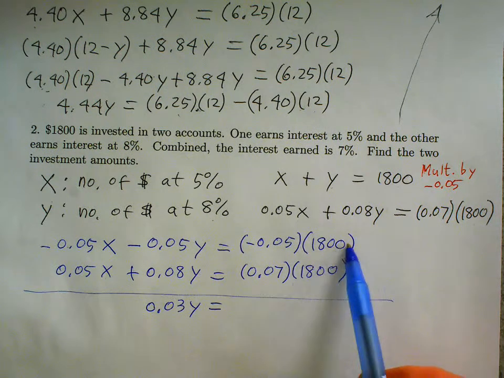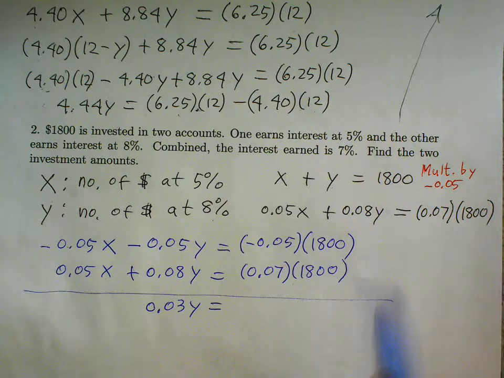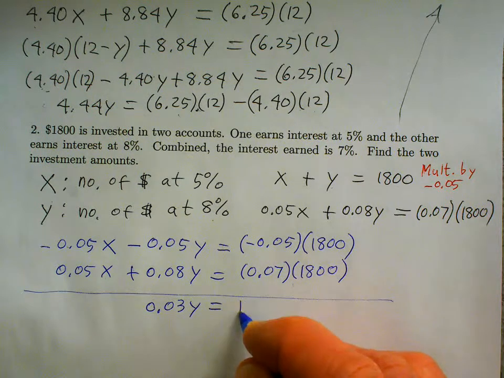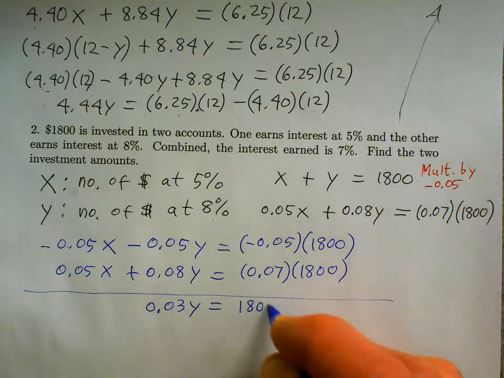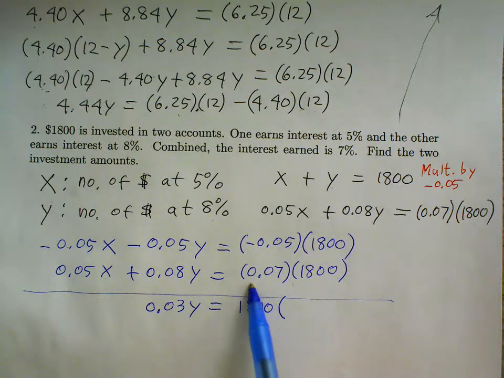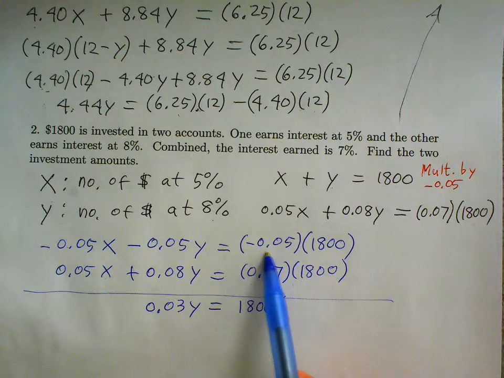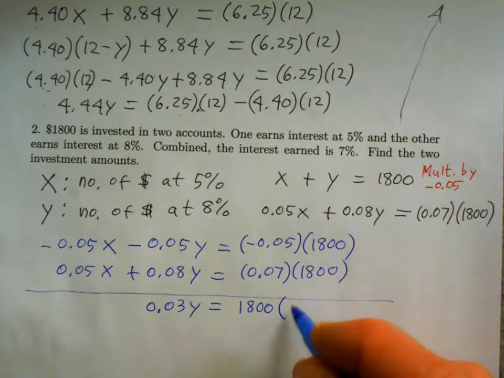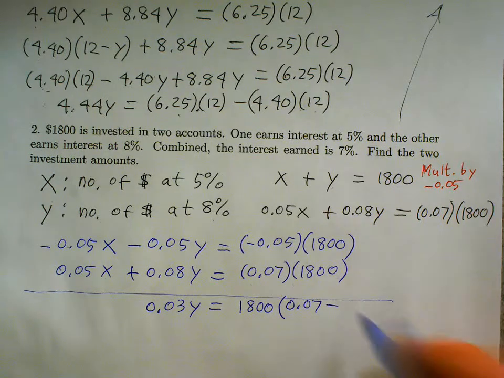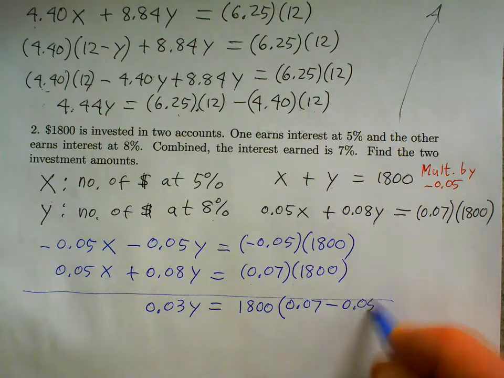Notice they have a common factor of 1800. So I'm going to factor the 1800 out, and we'll have 0.07 minus 0.05.